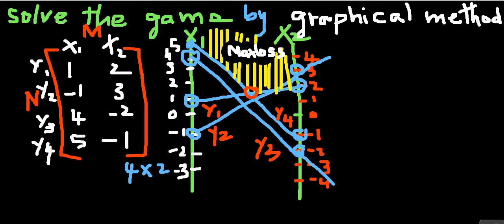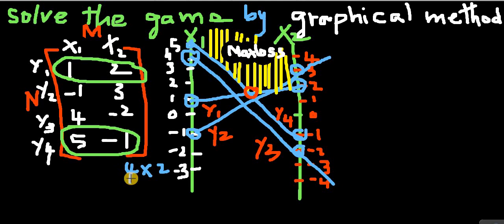So only the two strategies of N, y1 and y4, make this criterion. Y4 is this one. Am I correct? So only these two strategies of player N take place in this particular play.